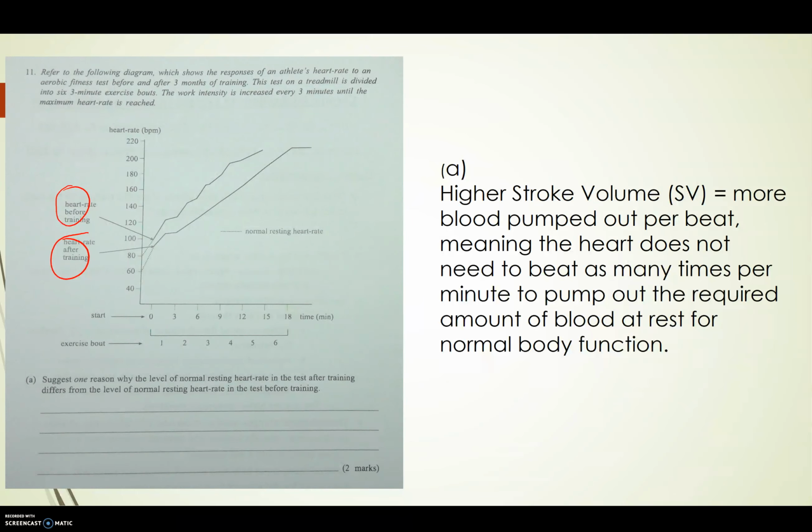You can see here the heart rate tends to go up in sections, and it's not quite as consistent, whereas the heart rate from the second athlete is quite a consistent increase until they get to their max heart rate at the top, and it tends to take a bit longer. So you can also see with the resting heart rate, the after training is considerably lower.